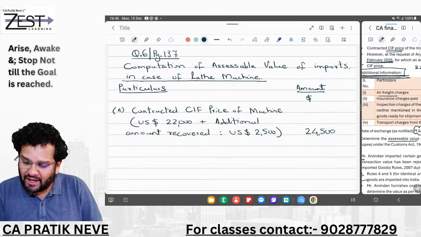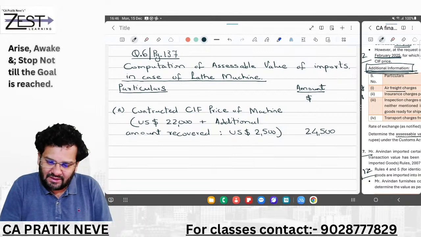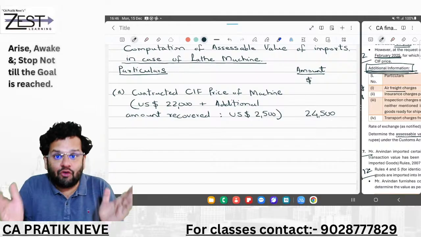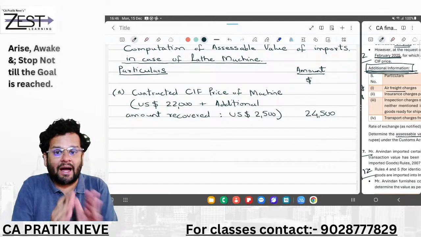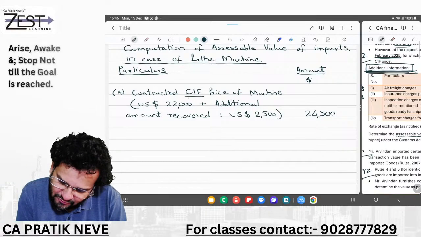Now friends, if I assume that literally it is the CIF price, then I should go reverse and first get the FOB value. So I am making that assumption that this is literally the CIF price.